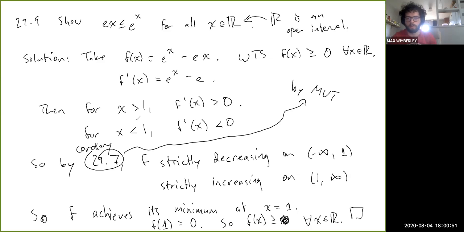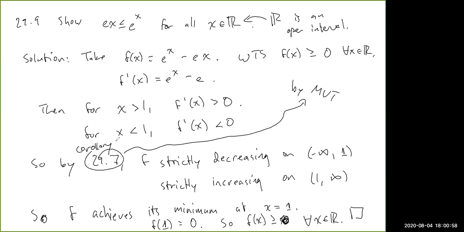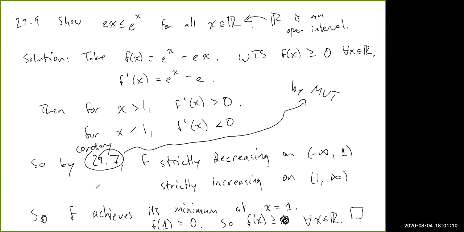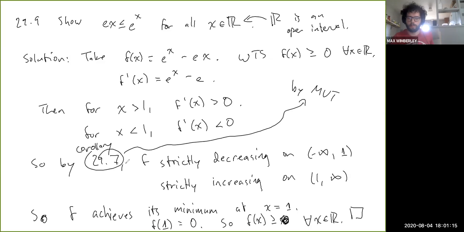I mean, it could be a local extremum, or even an inflection point or something. So you can't use the converse of 29.1. It sounds like you're trying to use the converse, and the converse just isn't true. Yeah. Thanks. Any other questions? That was a good question. Thank you.